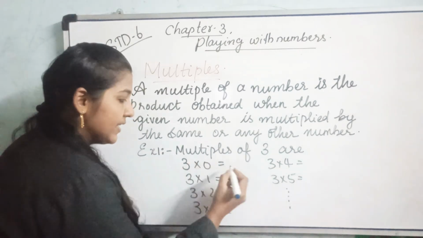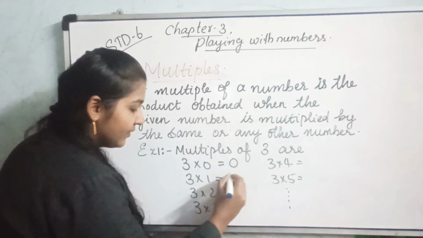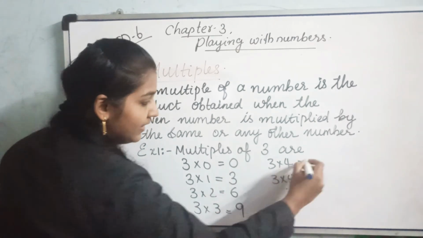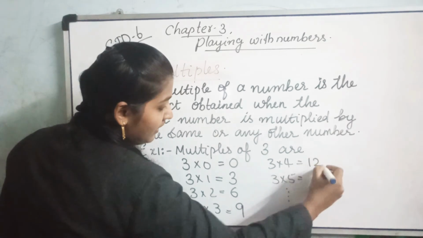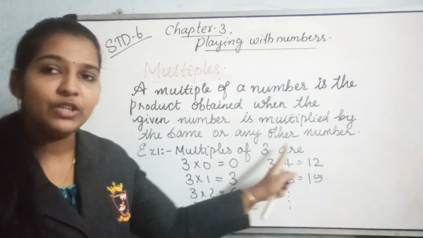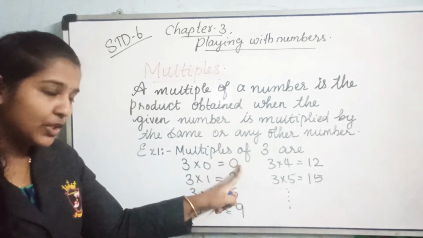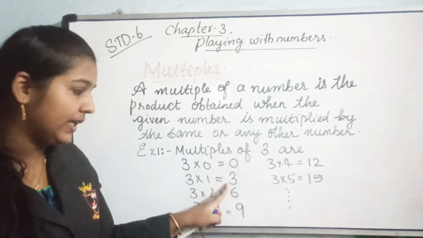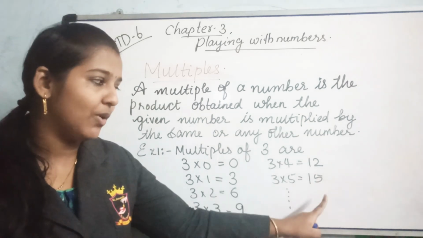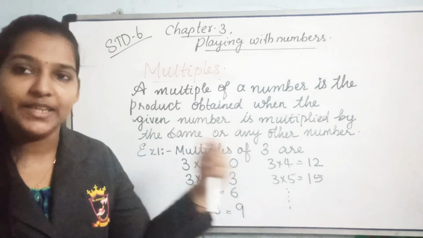So 3 into 0 is 0, 3 ones are 3, 3 twos are 6, 3 threes are 9, 3 fours are 12, 3 fives are 15. So multiples of 3 are 0, 3, 6, 9, 12, 15, etc.